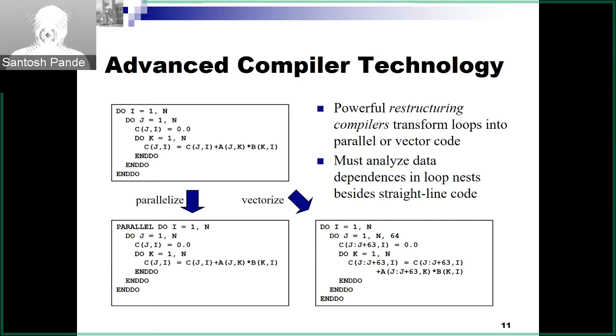We may have the possibility of, in fact, vectorizing the K loop also, because you can see that there's no dependence per se on the K side there. In terms of generating these, we'll have to do a different restructuring, of course. We'll have to take the first 64 and rewrite this loop in a different way.